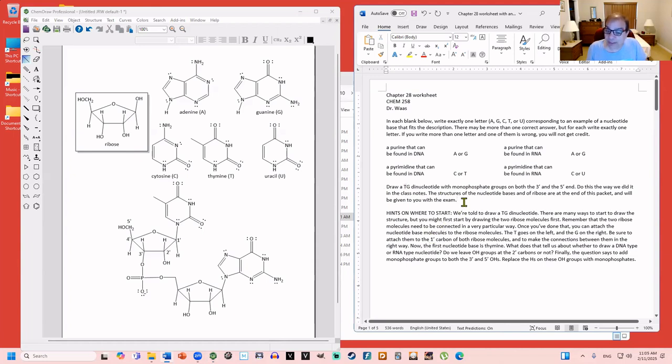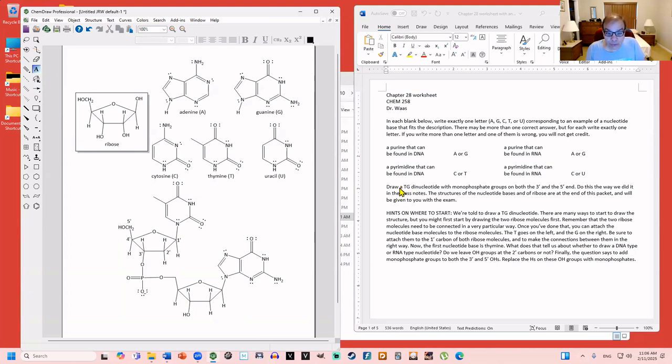So recall that in a DNA type nucleotide, the D stands for deoxy, which means that at the 2' carbons, these OHs are replaced with hydrogens. If this had been an RNA type nucleotide, we would leave those 2' OHs there. But since it's DNA type, we will replace those OHs with hydrogens.